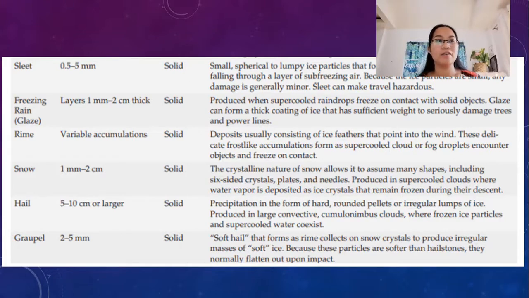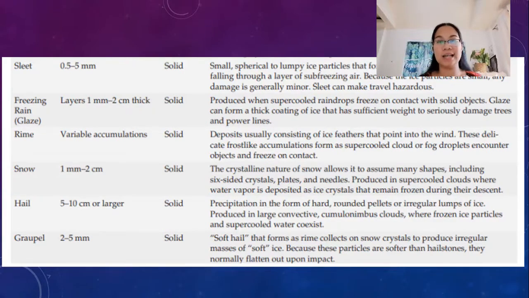Okay, next, freezing rain. We have 1 millimeter to 2 centimeters thick, produced when supercooled raindrops freeze on contact with solid objects. Glaze can form a thick coating of ice that has sufficient weight to seriously damage trees and power lines.